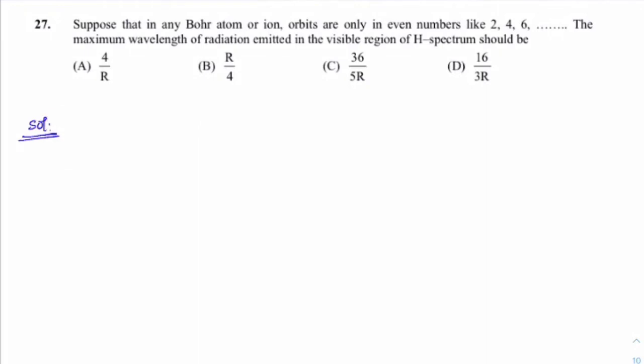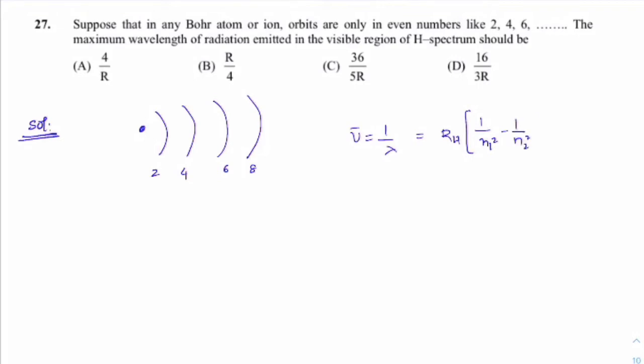Okay, let's see this question now. It asks, if a Bohr atom or ion is given and only even numbers are considered as the orbit numbers, then what will be the maximum wavelength? Now see, suppose these are all the various orbits, starting with 2, 4, 6, 8 and so on. Then we can write nu bar, which is equal to 1 by lambda, equal to RH into 1 by n1 square minus 1 by n2 square.